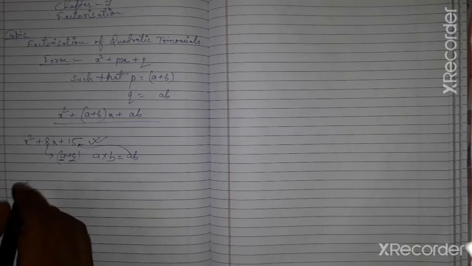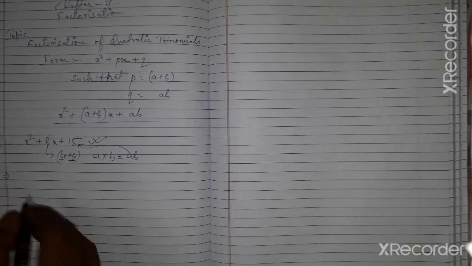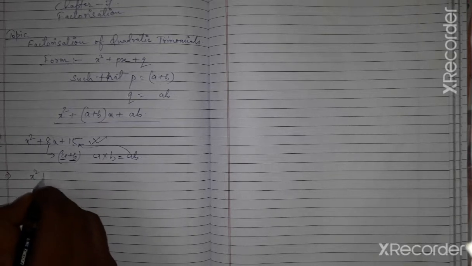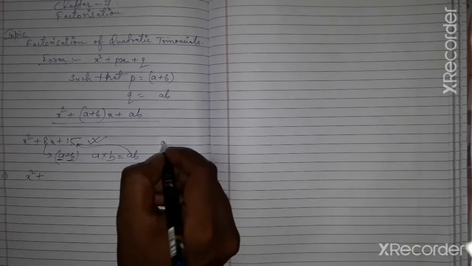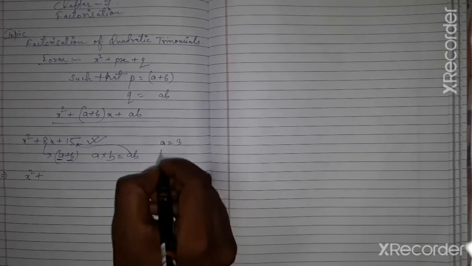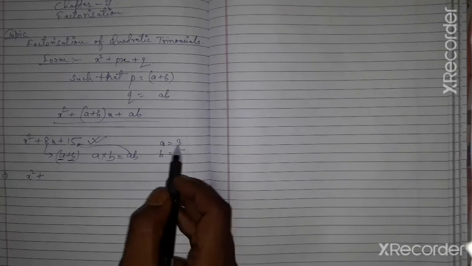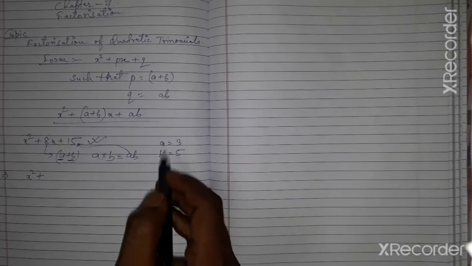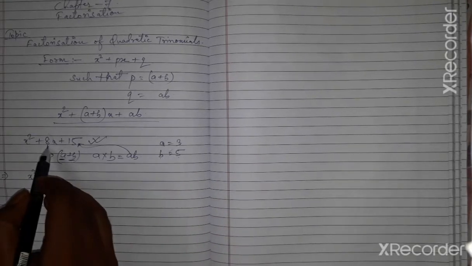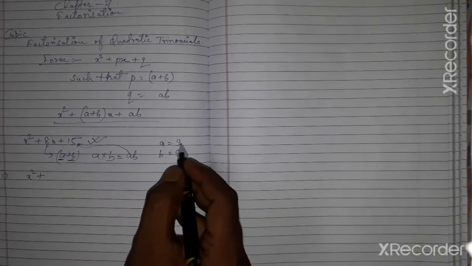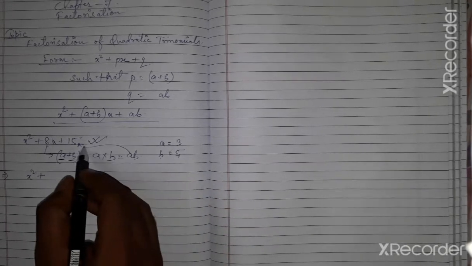Let's see. If I take a as 3 and b as 5, then a plus b will be equal to 8 and a into b will be equal to 15. I hope that you have understood.